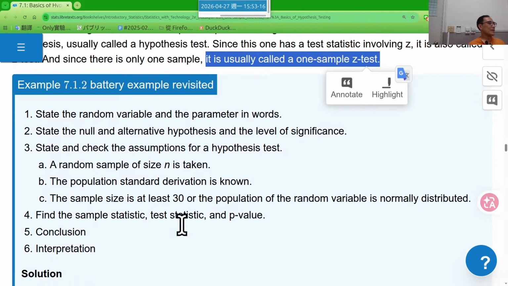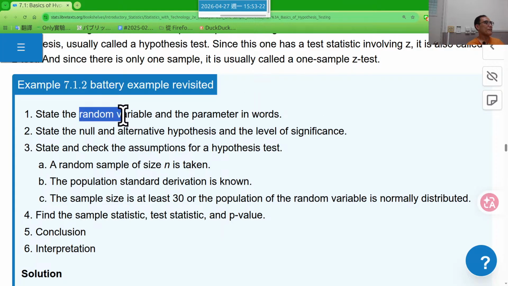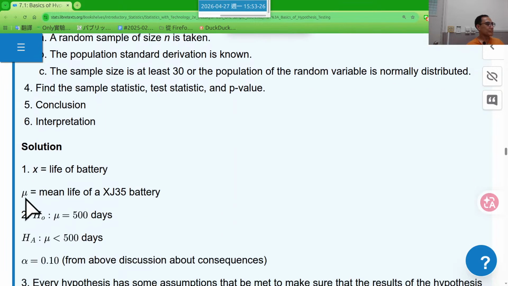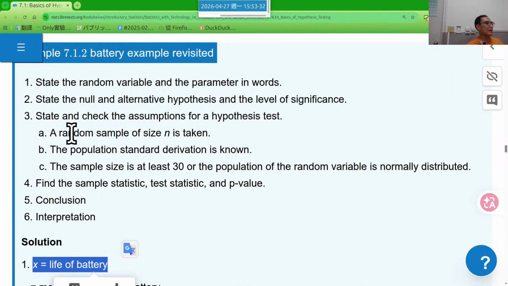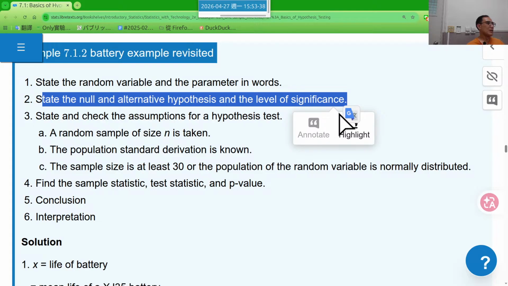Okay. Example 7.1.2, battery example revisited. State the random variable and parameter in words. First, X equals life of battery. State the null and alternative hypotheses and the level of significance.